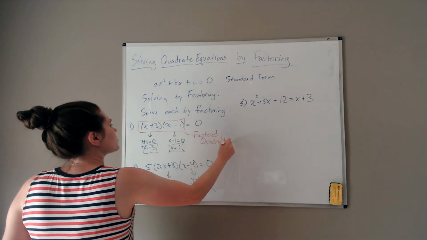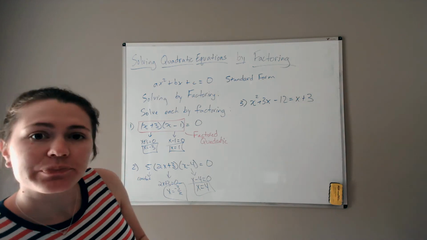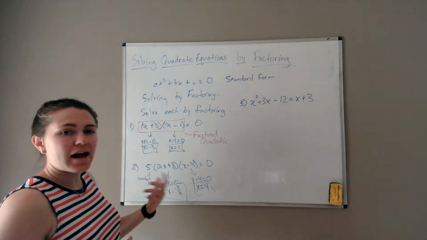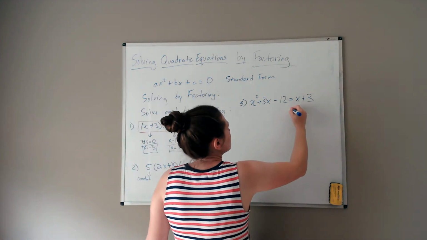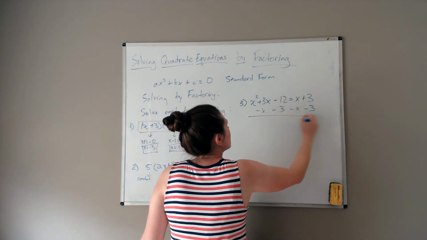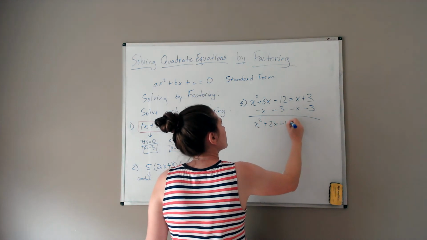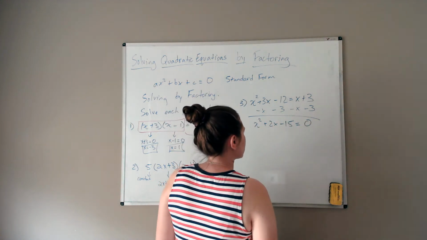So this is what we want to do. We want to make our equation equal to 0, and then we want to try and factor the quadratic. So if we set this equal to 0, that's going to give us x squared plus 2x minus 15 equals 0.